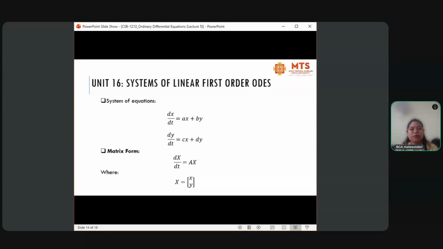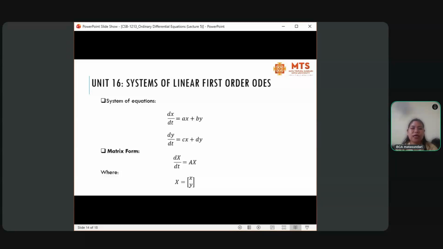The system of equations will be dx/dt equal to ax plus by, and dy/dt equal to cx plus dy. You see here, first a and b come, and next, for dy/dt, c and d will come.